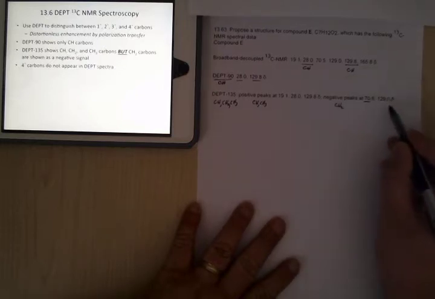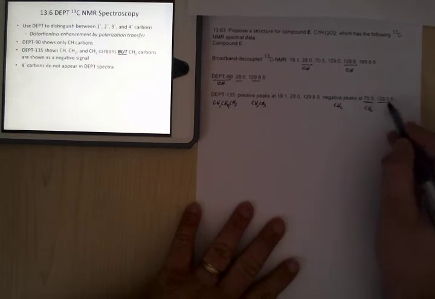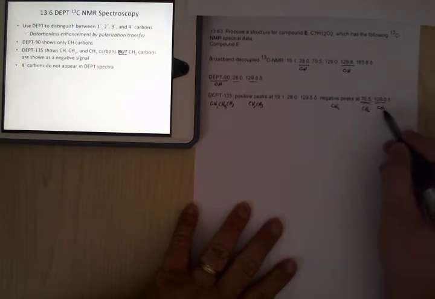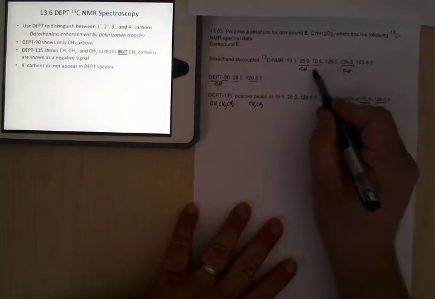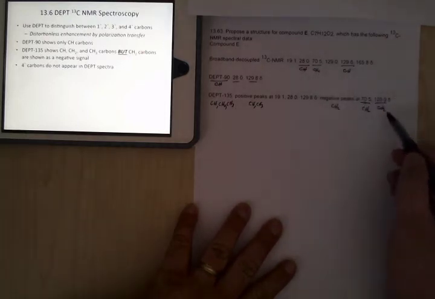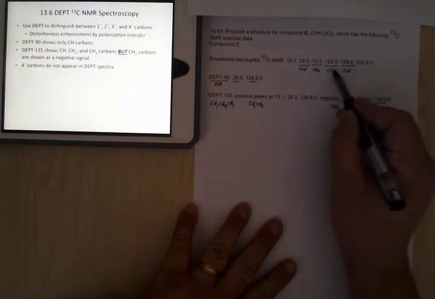So we know the 70.5 is a CH2, along with the 129.0. And this one here is also a CH2.